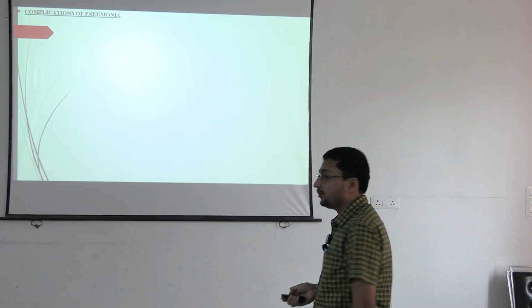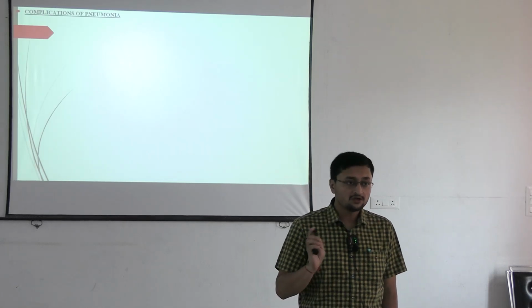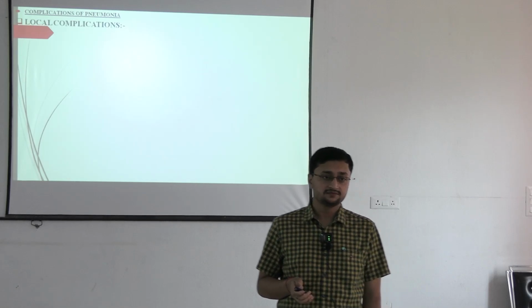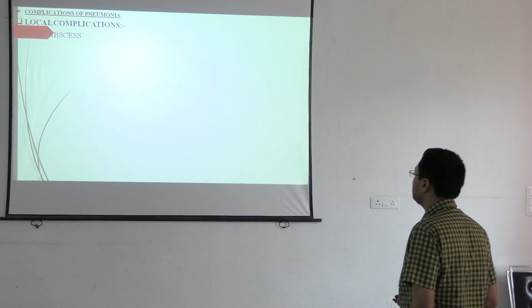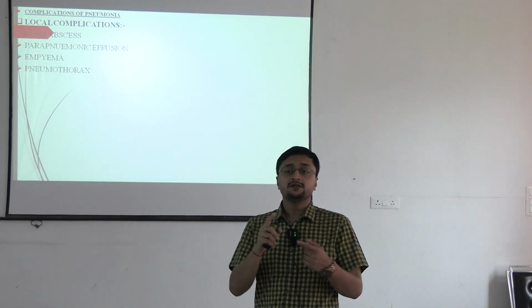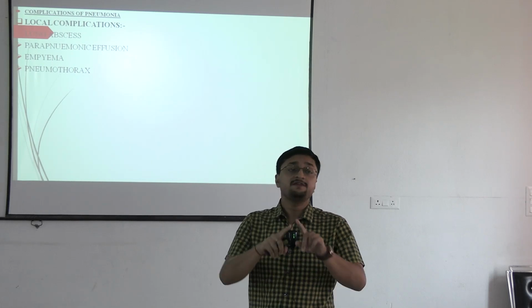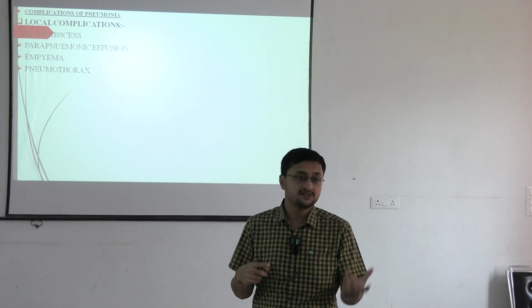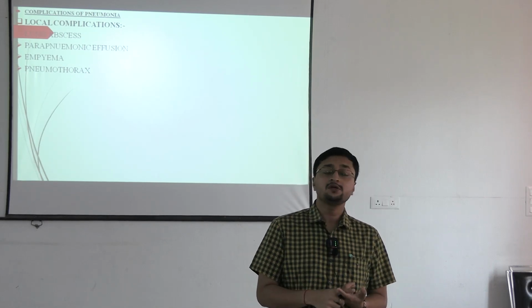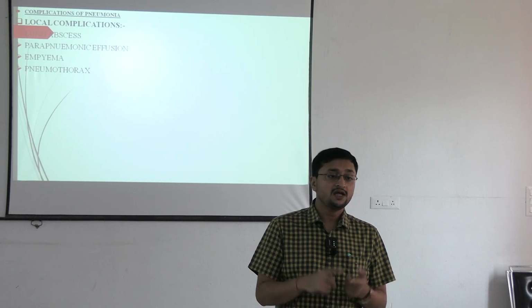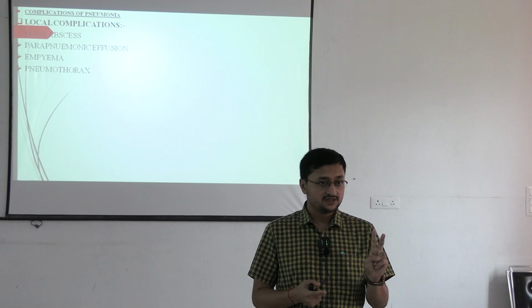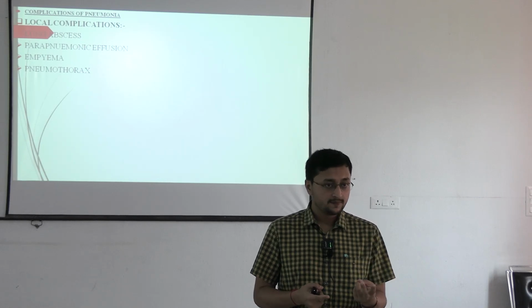So what are the complications of pneumonia? Local complications: lung abscess, empyema, and necrosis; necrosis leads to lung abscess, parapneumonic effusion and pneumothorax. Pneumothorax occurs with cavitary pneumonia, pneumonia that produces cavities. Which pneumonias produce cavities? The necrotizing ones. Which are the necrotizing ones? Staph aureus, Klebsiella, Pseudomonas, anaerobes.